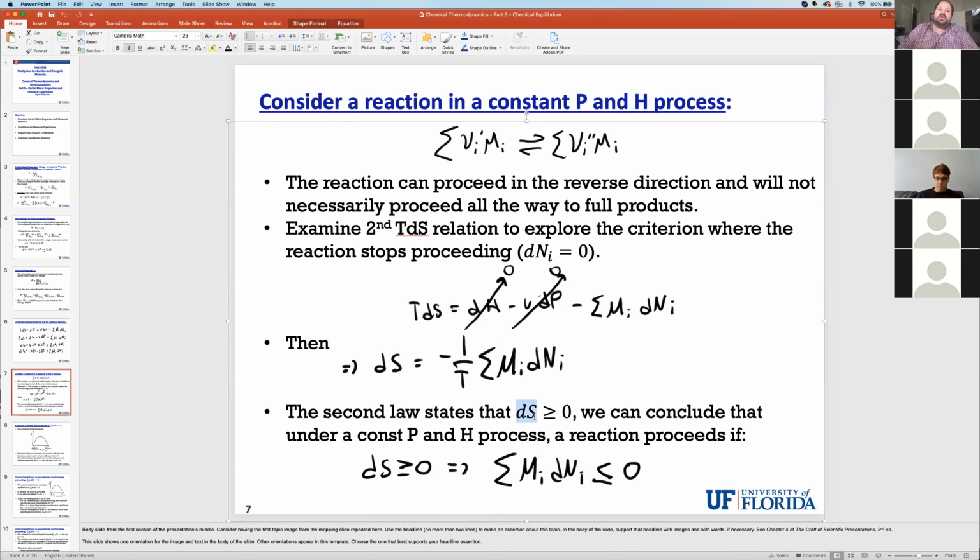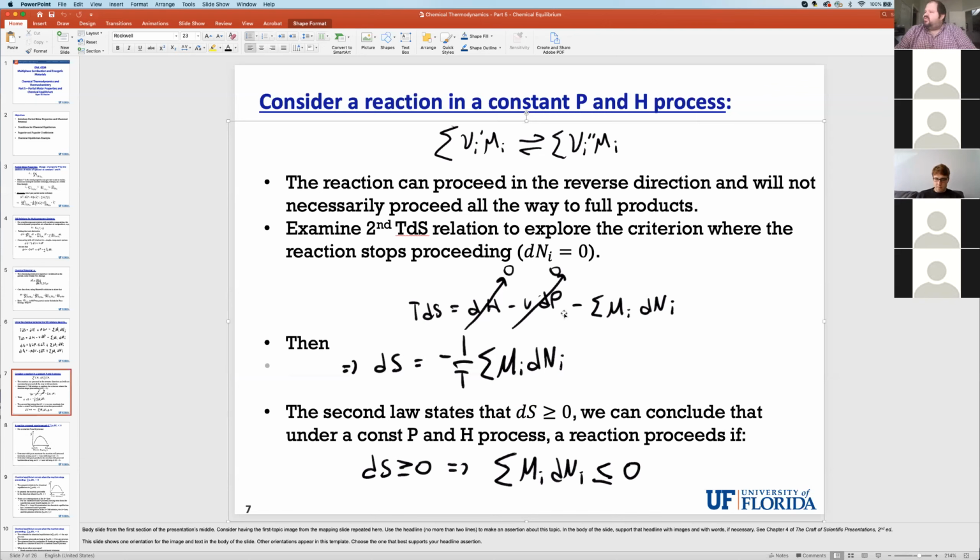It can only go down if we are removing heat from the system, but here we are holding H constant, so there is no heat being removed. So we can conclude that if this has to be positive, and temperature is a positive quantity (I don't know what a negative temperature means in an absolute sense; it's unphysical), then to make this entire grouping positive, the sum of mu i dni has to be less than or equal to 0.